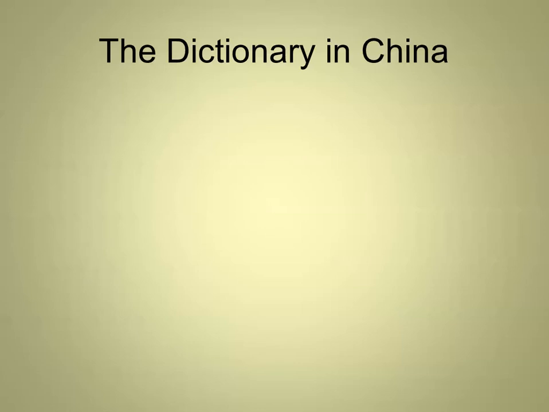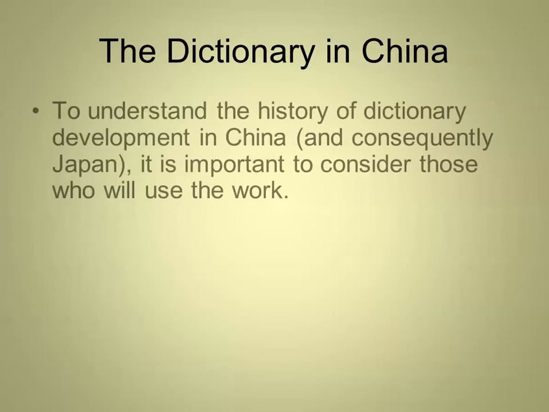So let's start with China to understand the development and different directions that dictionary development can take in its original land. To understand the history of dictionary development in China and consequently in Japan, we need to consider who is going to use the work.